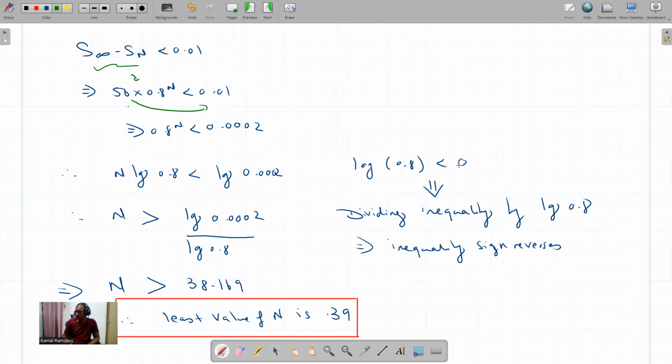So when you divide the inequality by a negative number, you need to reverse the sign. That means n is greater than log of 0.002 divided by log of 0.8. You get n greater than 38.169, and the integer number just above 38.169 is 39, and that is the answer.